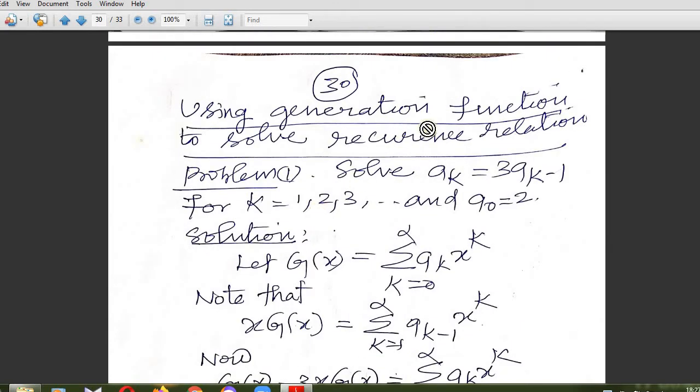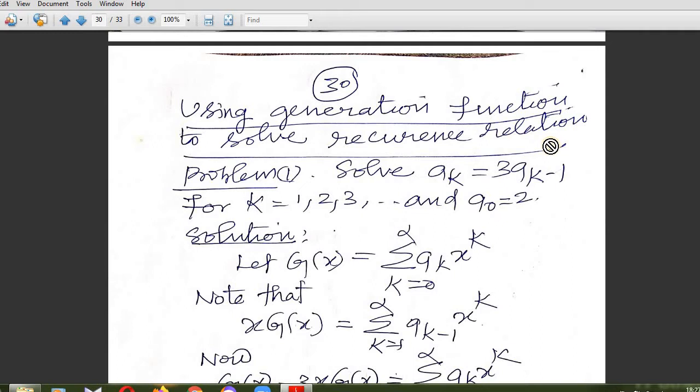Okay, we know what is a generating function, and what are recurrence relations. Now it is possible to use the generative function to solve recurrence relations. How is that?